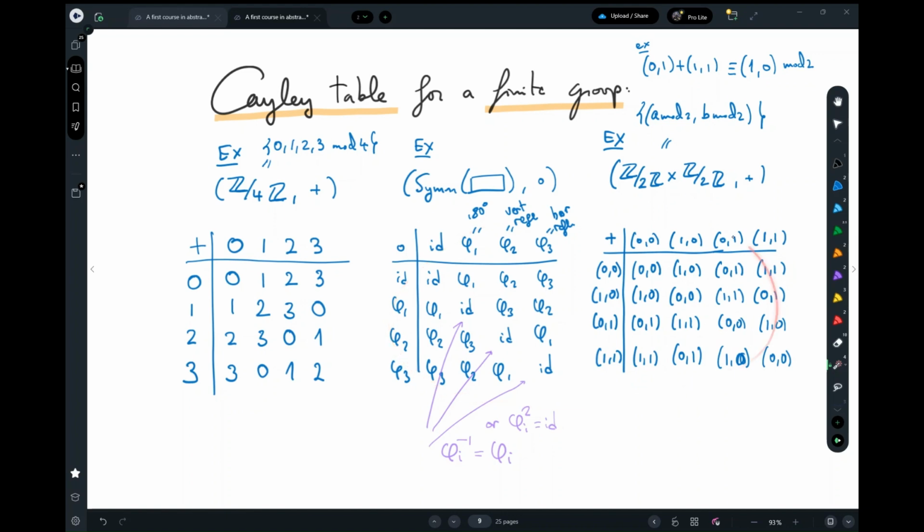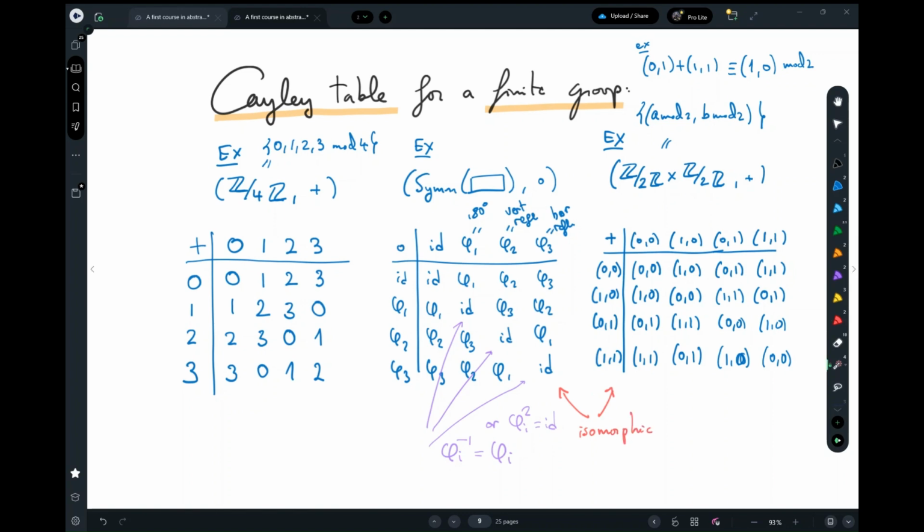So these two are actually exactly the same group. They just have different names for the labels of the elements, but the arithmetic in these two groups is exactly the same. So we will say that these two groups are isomorphic.